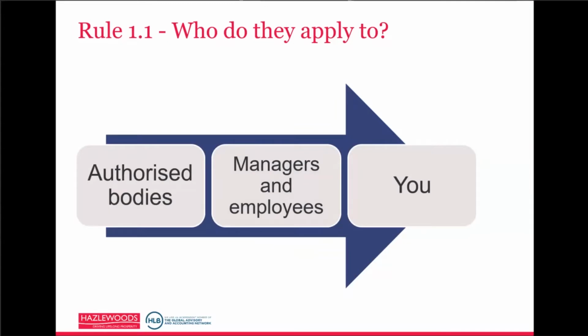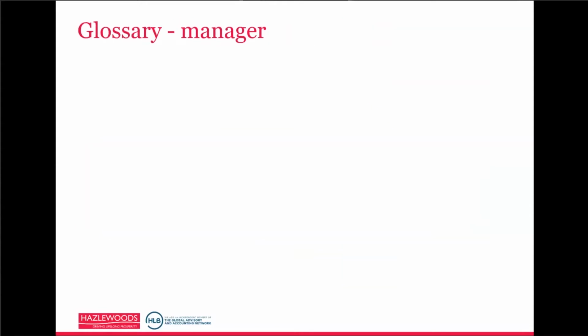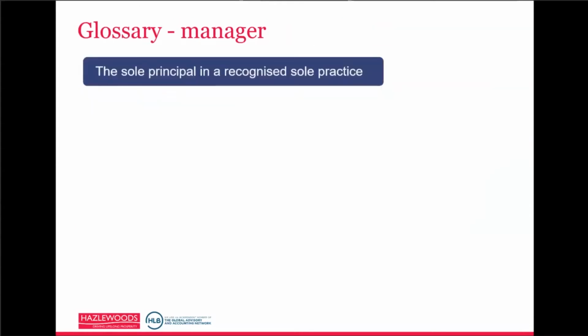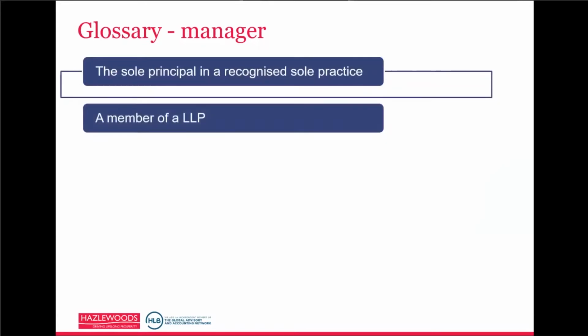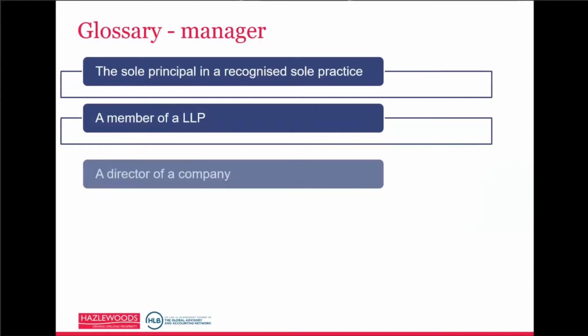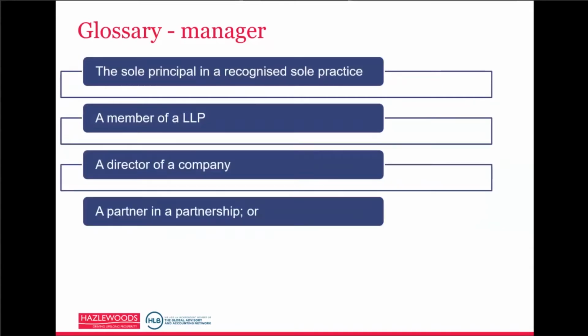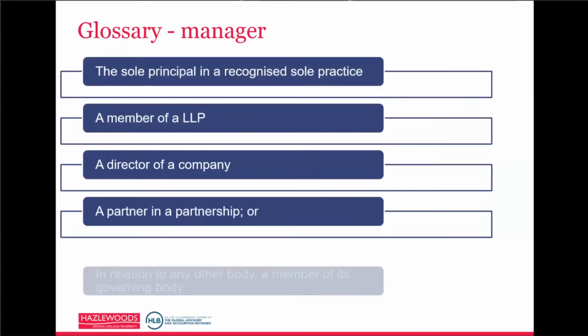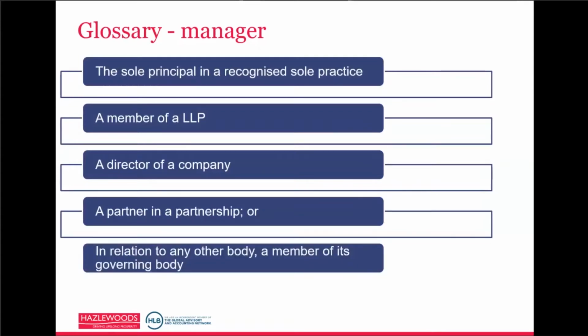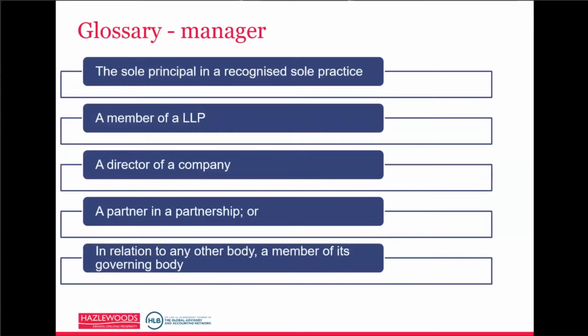Rule 1.2 says that the authorised body's managers are jointly and severally responsible for the compliance by the authorised body, its managers and employees with the rules. The rules define a manager as the sole principal in a recognised sole practice, a member of an LLP, a director of a company, a partner in a partnership, or in relation to any other body, a member of its governing body.